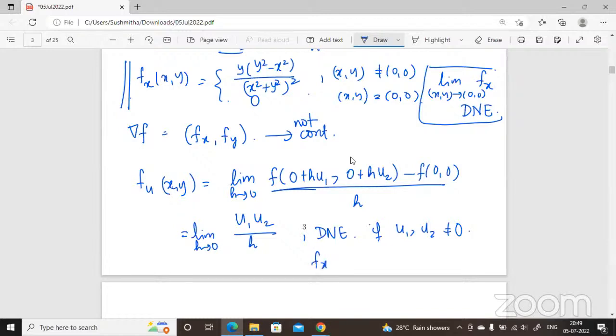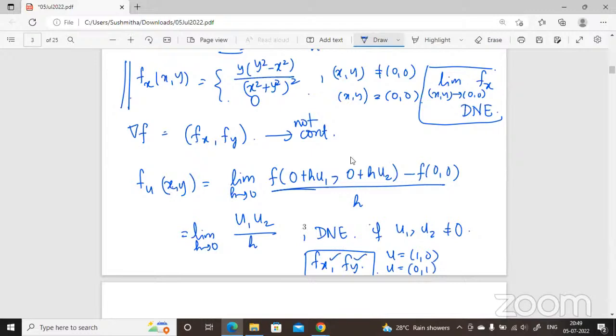So only fx and fy exist, correct? But fx means u1 is 0, fy means u2 is 0. How do you get fx? The unit vector is (1,0). How do you get fy? The unit vector is (0,1). So these two exist.